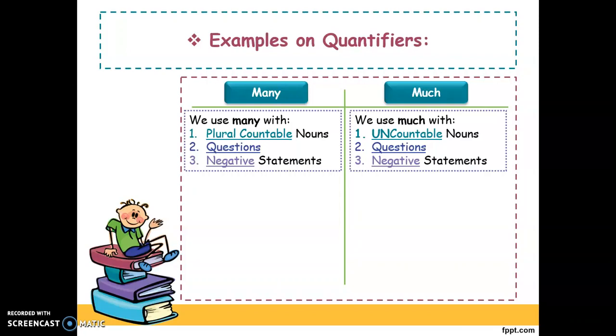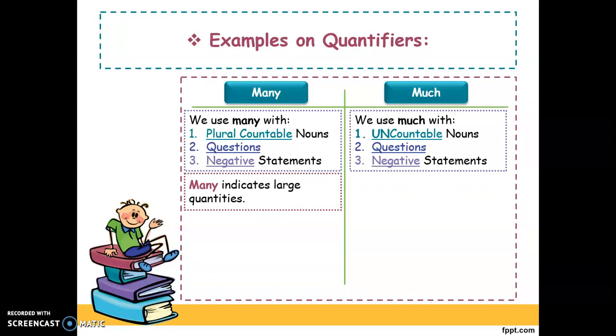So here we see that many and much have two things in common. We can use them both when we want to form questions or make negative statements. But the difference here is that many is used with plural and countable nouns, so countable nouns in the plural form, and much, on the other hand, is used with uncountable nouns. Now, many indicates large quantities.